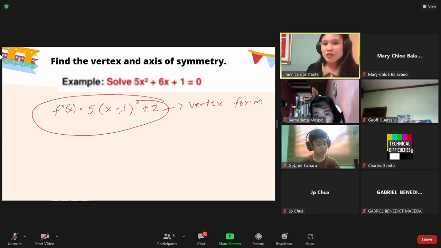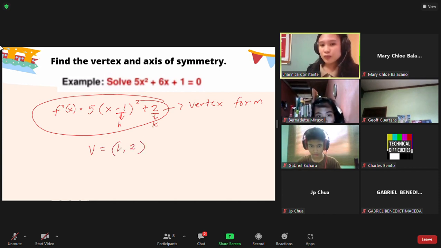Your h is your -1, and your k is your +2. This is your h, and this is your k in the vertex form. So to write the vertex of this equation, vertex is equal to 1 and +2. You get the opposite of your h.